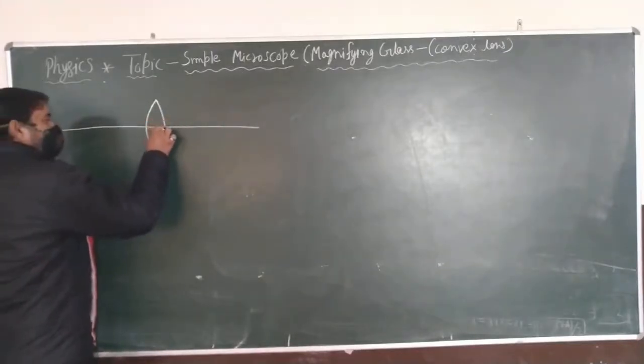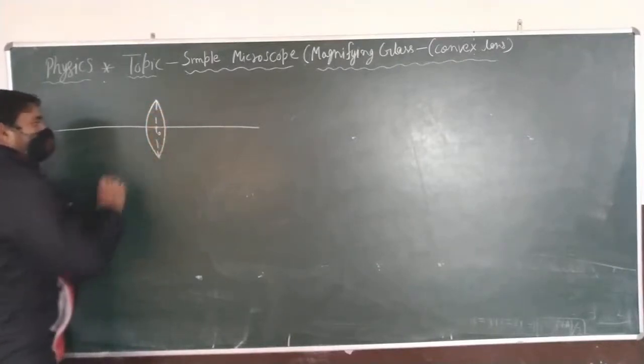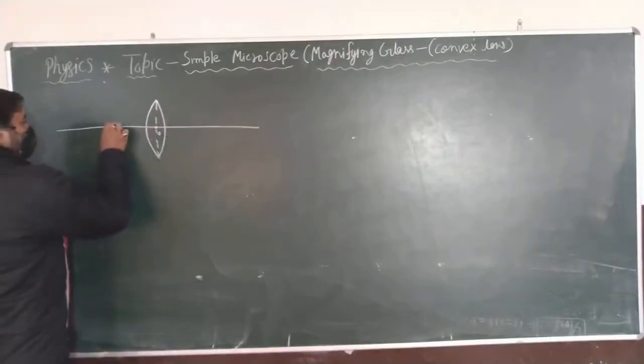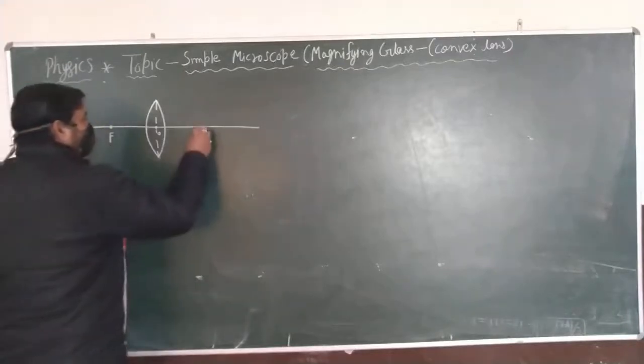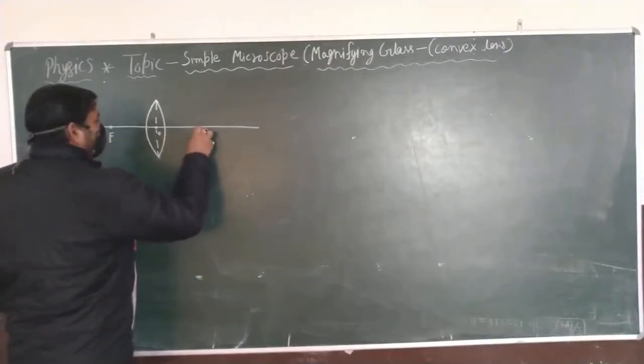This is the point of the optical center of this magnifying glass, having focus F, and this is CF. As you know, a lens has two principal foci.